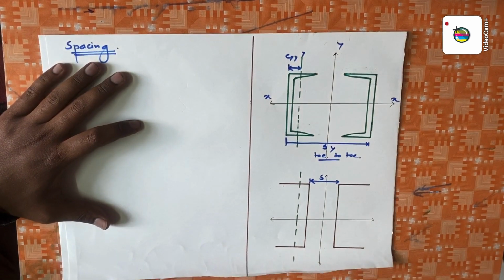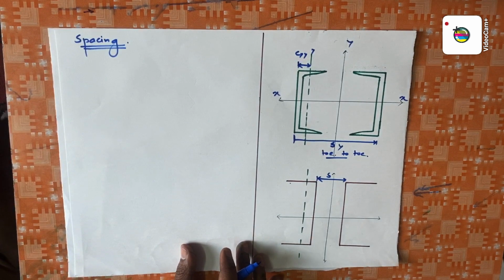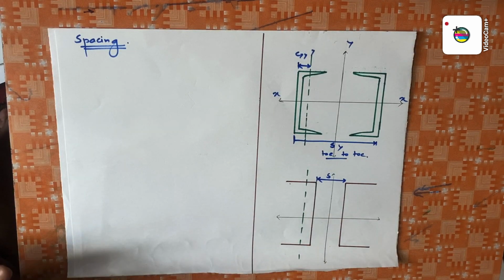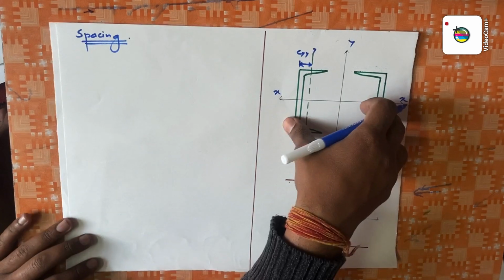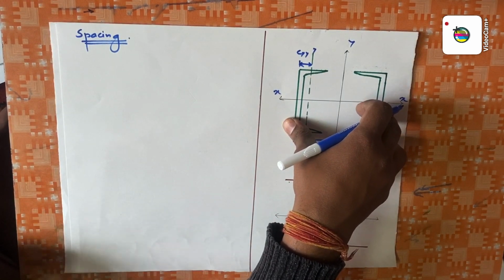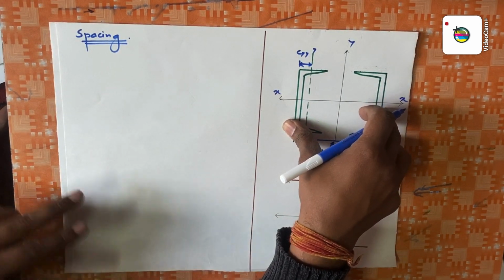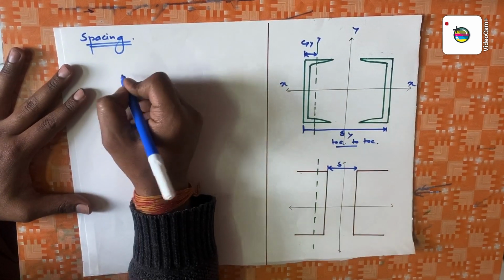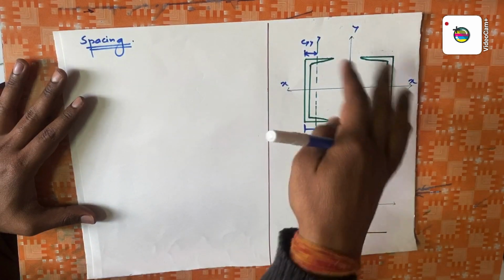Fine. So for better connection between two channels, there is one criterion for greater stability of this whole system. Whenever we connect any number of channels, it must fulfill this criterion, so you get more stability in the whole system.